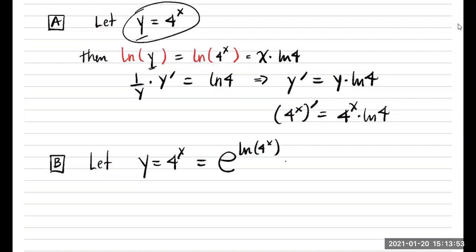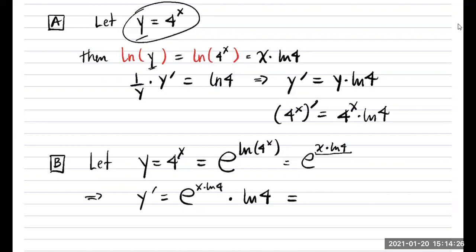But we can rewrite the exponent this way. And so this implies then that the derivative of e to the x ln4 is itself times the derivative of its exponent. But what's the derivative of x times the constant ln4? It's the constant ln4.